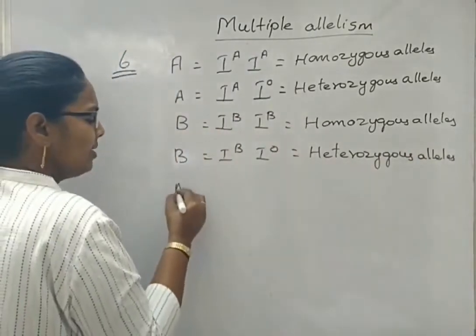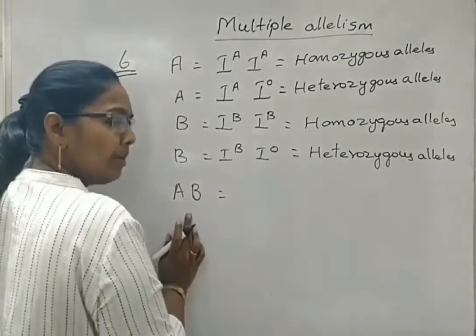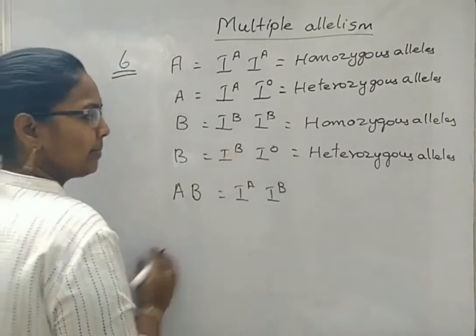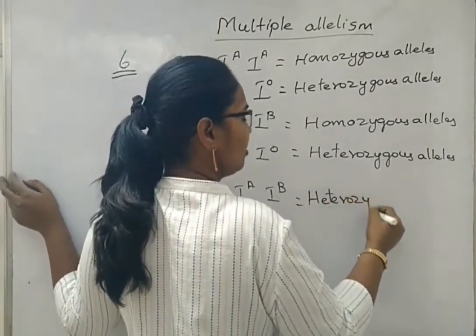Now, there is another blood group, that is AB. What are the allele pair that are responsible for blood group AB? Immunoglobulin A, immunoglobulin B. Now, this is also called as heterozygous alleles.